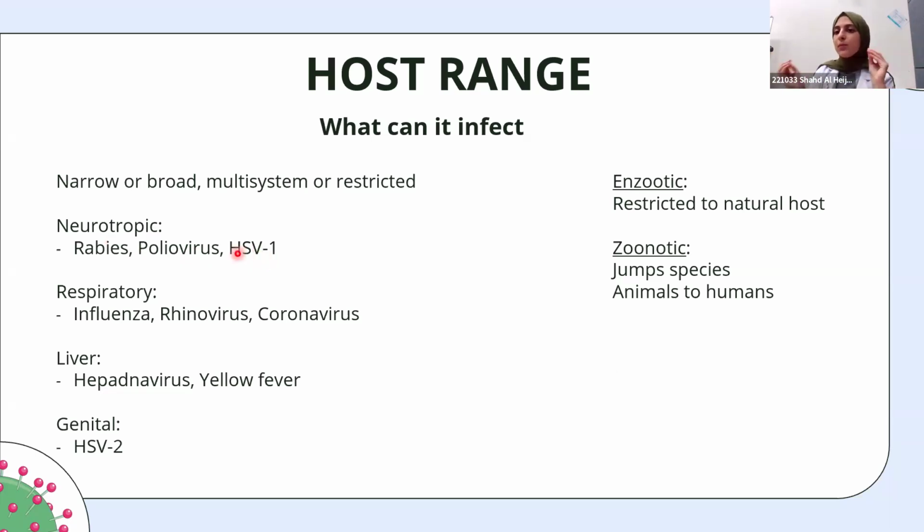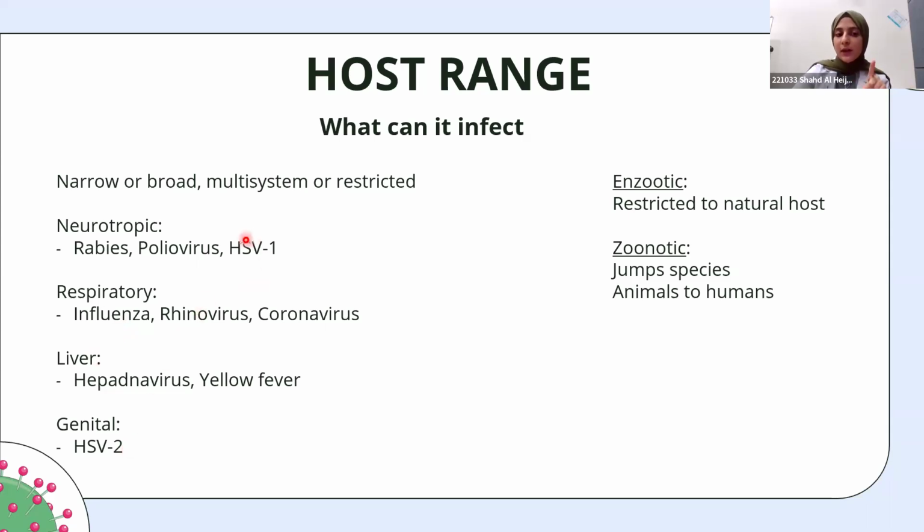Those are neurotropic viruses. They prefer the nervous system. Respiratory viruses prefer the respiratory system, such as influenza, rhinovirus, and coronavirus. Now, viruses with a liver preference, such as hepadnavirus, which causes hepatitis, and yellow fever. And finally, genital is herpes simplex virus 2.